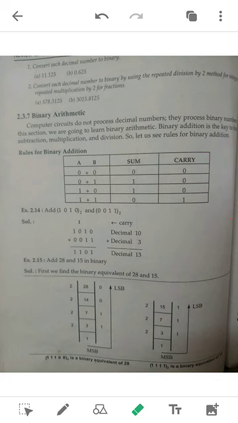Let us see one more example of addition. Add 28 and 15 in binary.